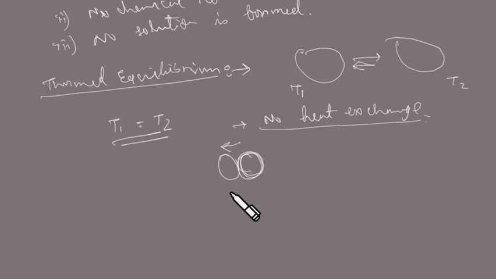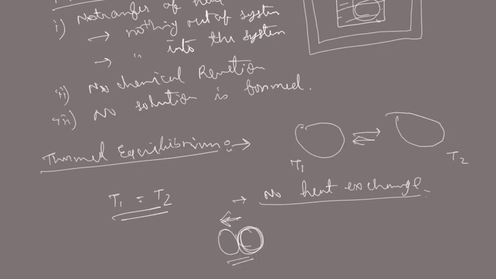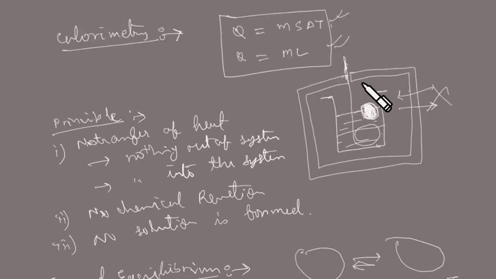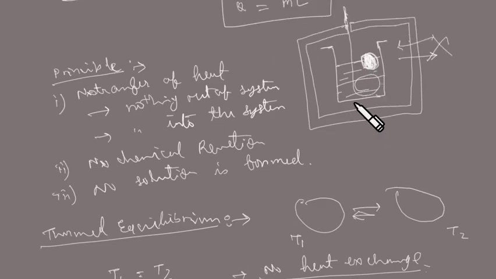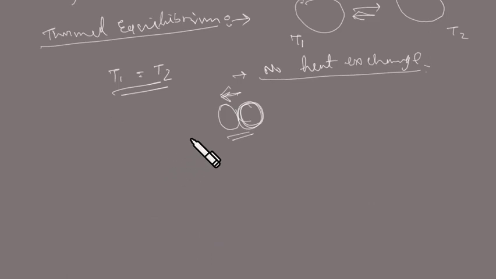How long? Until the temperature of both bodies becomes the same, and at that point this heat transfer stops, and it is said that the bodies have reached thermal equilibrium. This is very important for the calorimeter also, because in the calorimeter we have to wait until thermal equilibrium is achieved between the materials. Alright, so these are the things that we have talked about in this chapter.